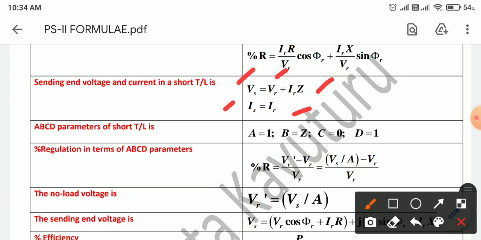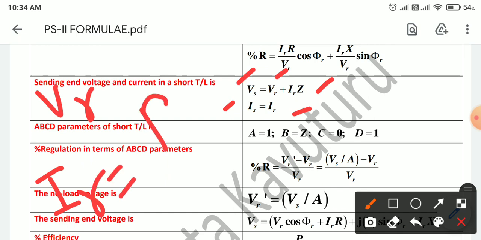Where VR and IR are generally given in the problem. Voltage VR is given in the problem, and IR you have to calculate when the power is given in the problem. IR is power by root 3 into VR cos phi.